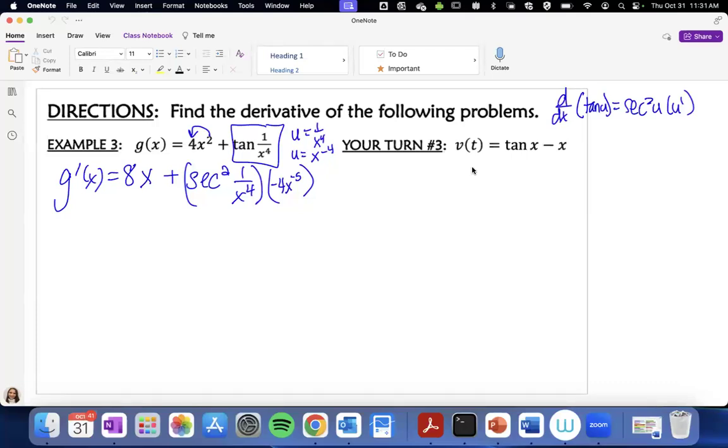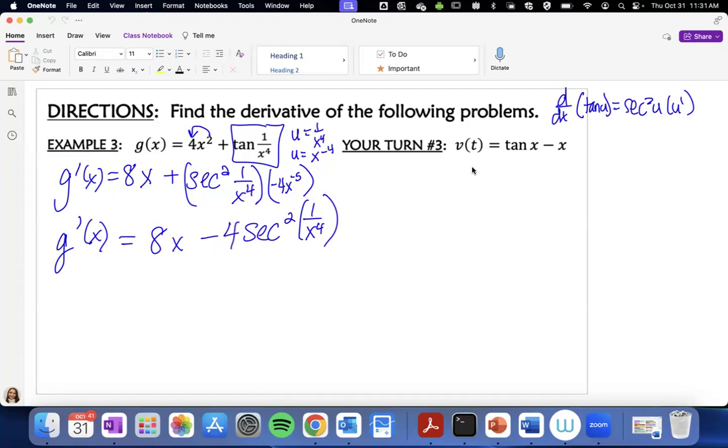Now, clean it up a little bit. g prime is going to equal 8x plus the secant squared of 1 over x to the 4th. Oh, I'm sorry. I should have a minus 4, right? I'm going to put that minus 4 in front.